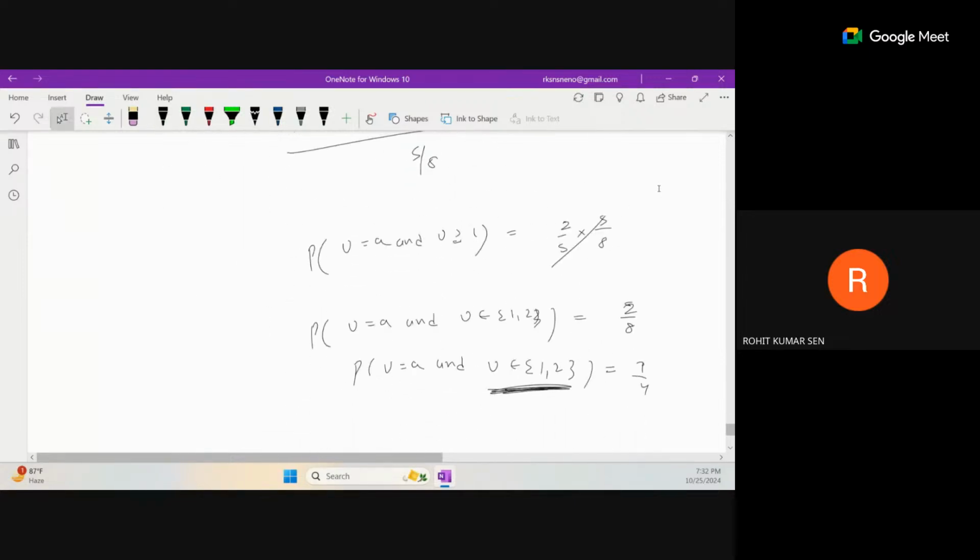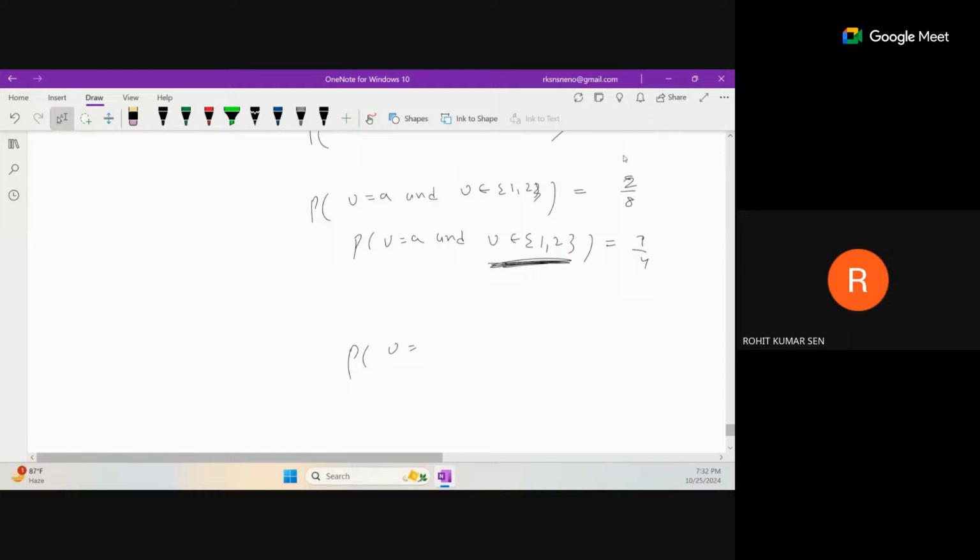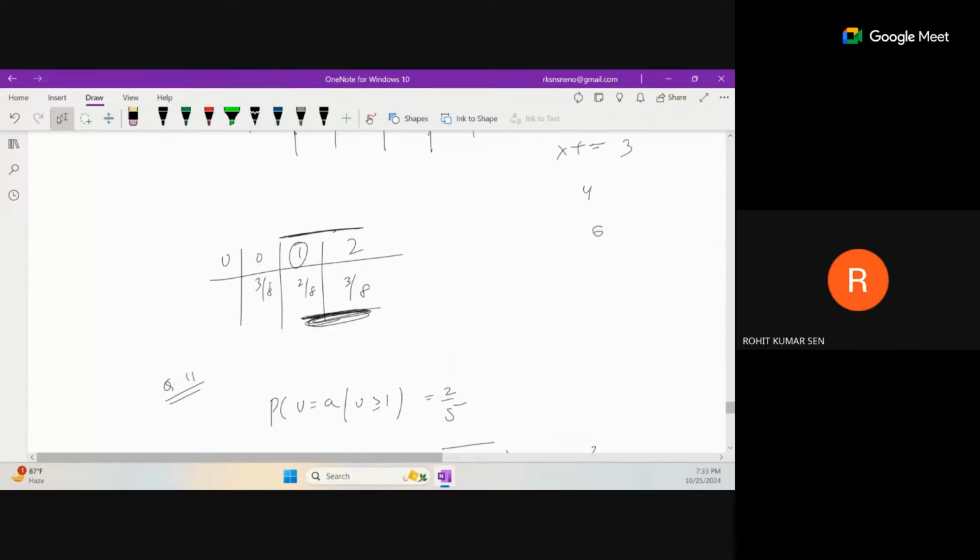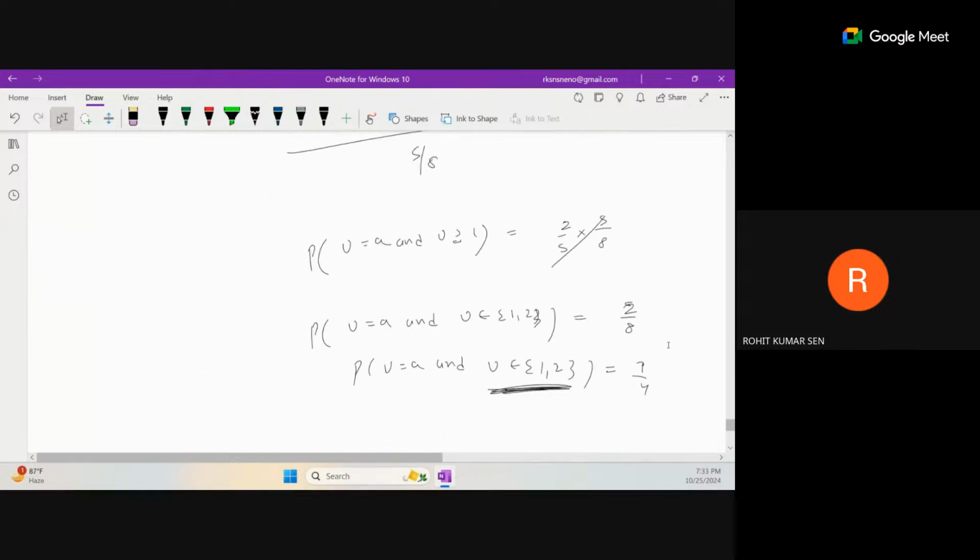When my U is equal to 1 and U belongs to 1 comma 2, then only I can have probability 1 by 4. See, in the probability mass function, when my U is equal to 1, I have probability 2 by 8, which is 1 by 4. So when my a is equal to 1, I can have this probability. That's why my a should be 1. So this question is clear.